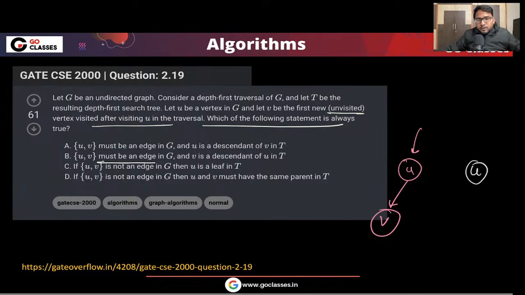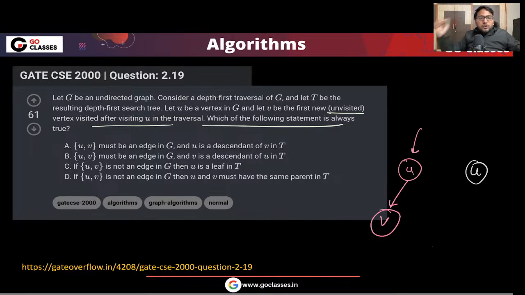If UV is not the edge, then U is a leaf in the tree. See, if they are saying that, what do you think, in the tree, do you think it is a leaf? Just try thinking.